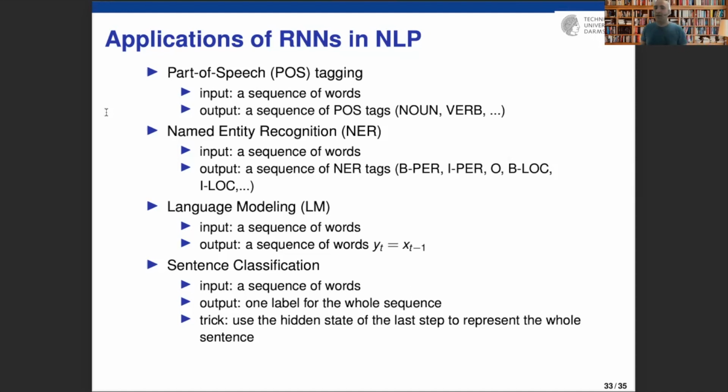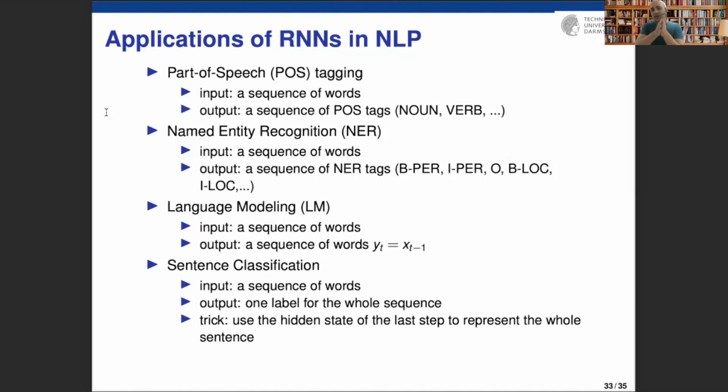The idea is to say which words in a sentence represent a person name, which words represent a location or an organization, and which words represent some time.